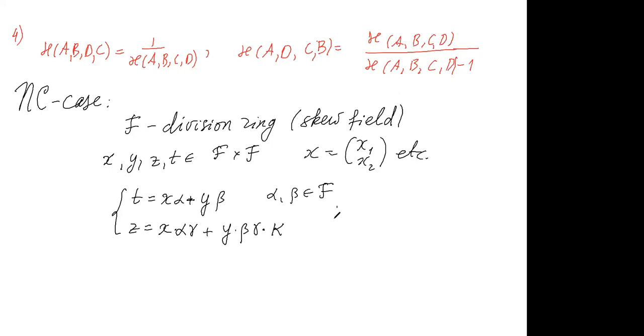Then this kappa, which depends on X, Y, Z and T, is called the non-commutative cross ratio of 4 points in the Cartesian square of F.